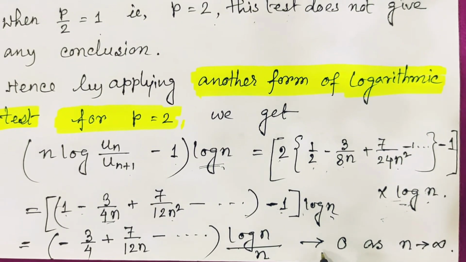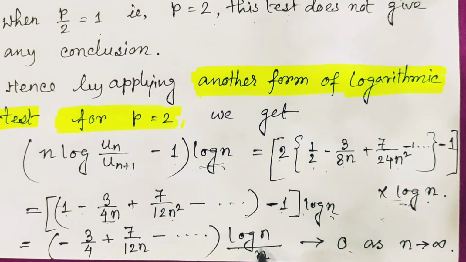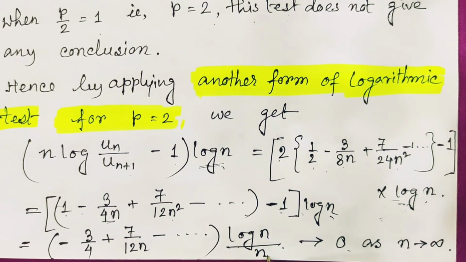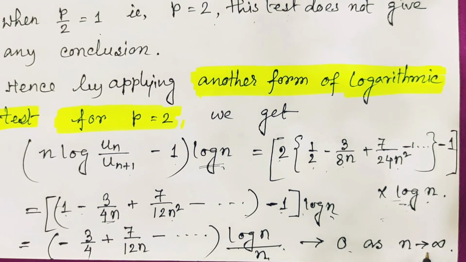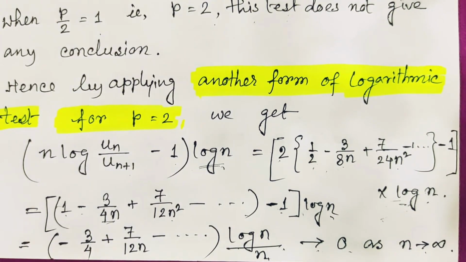So that tends to 0 as n tends to infinity. Definitely when n tends to infinity, this entire term becomes 0, because n is in the denominator, so the limiting value tends to 0.